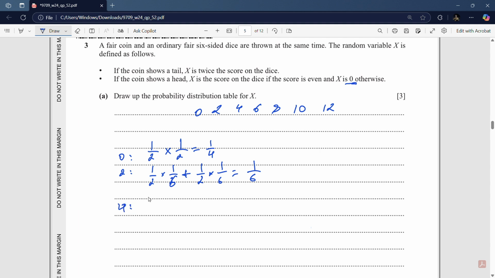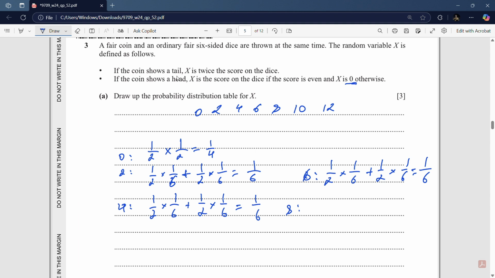And to get 4, the same logic goes for 4 and 6 also. 1 over 6, and for the score of 6. But for 8 we have only one way of getting 8, because if it shows a head, x is the score itself, and we don't have a score greater than 6 on the dice.